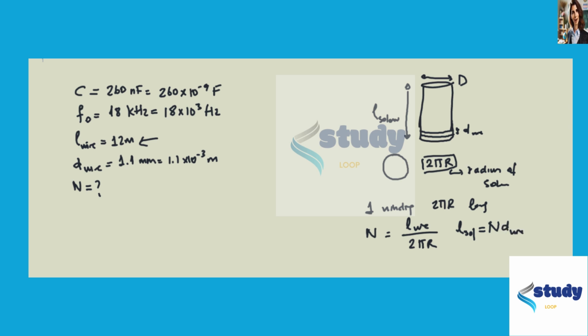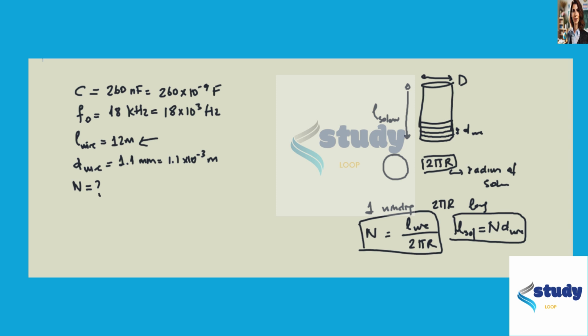Because if you have 2 turns, you're sweeping 2 times d wire. We do this all the way up until we reach the length of the solenoid. These are important equations that we're going to use, so keep that in mind on the side.